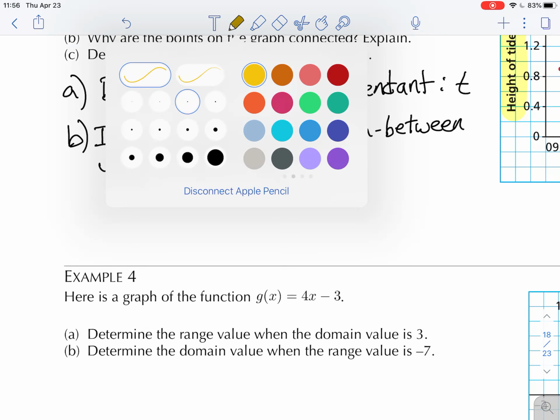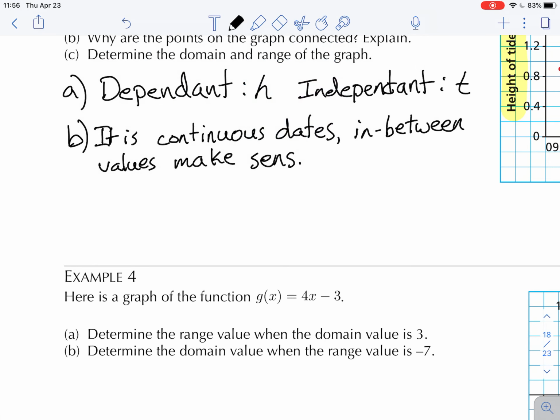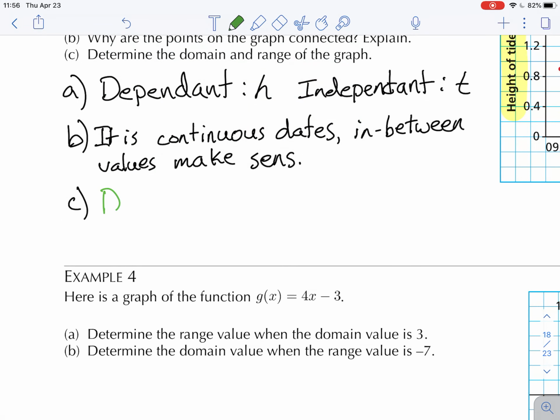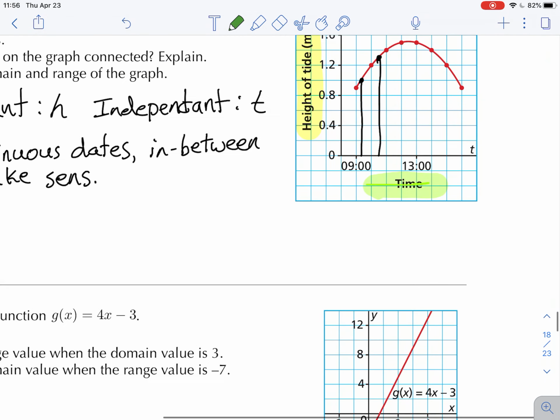C, determine the domain and the range of the graph. All right, so let's take a look at the domain and the range. So letter C. Let's do the domain first. Domain, I'm doing that in green. We have data from 9 o'clock up to something up here. Well, let's figure out our scale. 10, 11, 12, 13, 14, 15, 16.